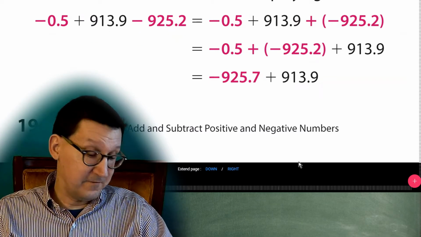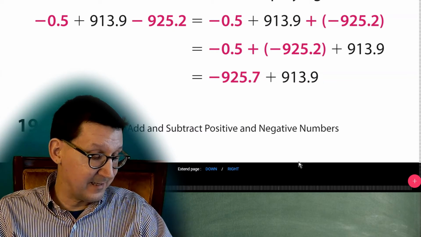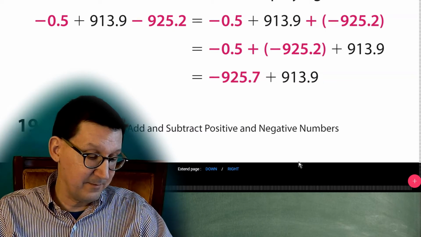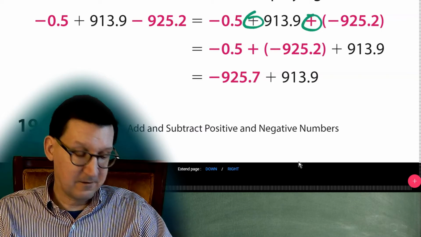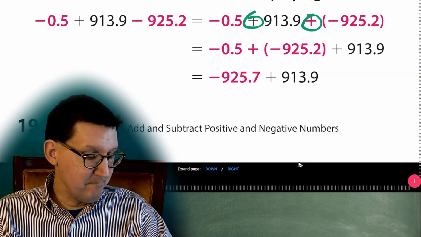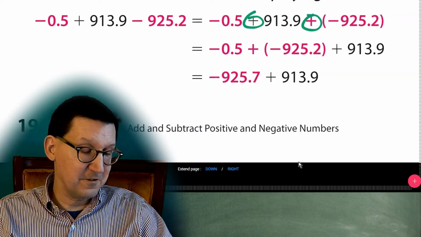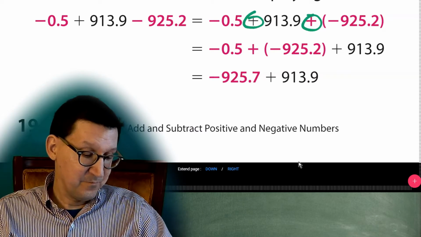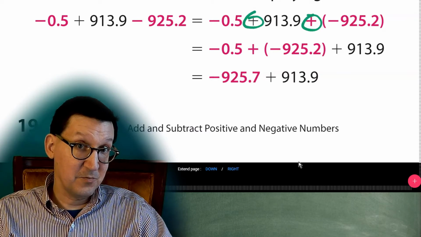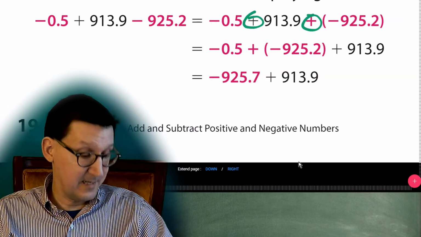Now look what we've done. We've taken this addition and subtraction problem and made it all addition, right? Nothing wrong there. We just take minus positive 925.2 and make it plus a negative 925.2. And now we can switch everything around because everything's being added together.